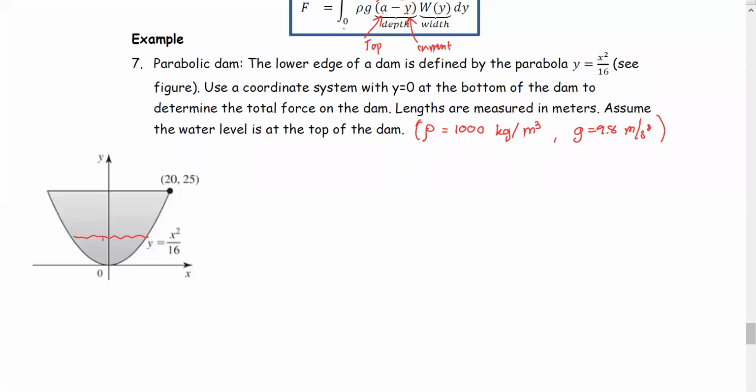At the water level y, we look at one layer, and y is between 0 and 25, as the coordinate (20, 25). So the top y is 25. So the thickness is dy.